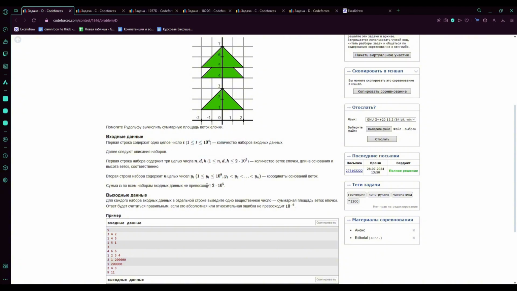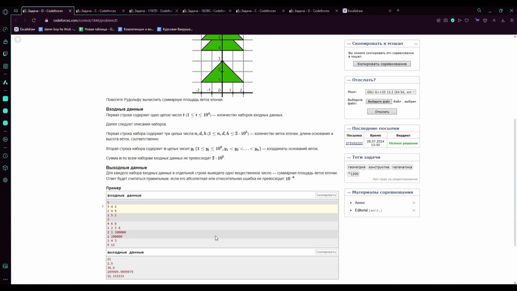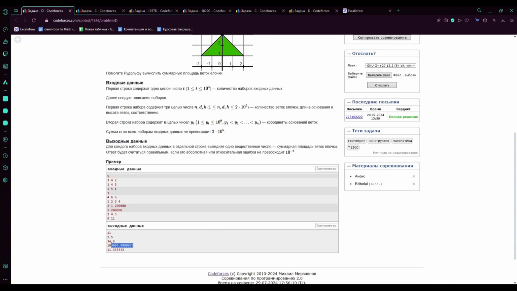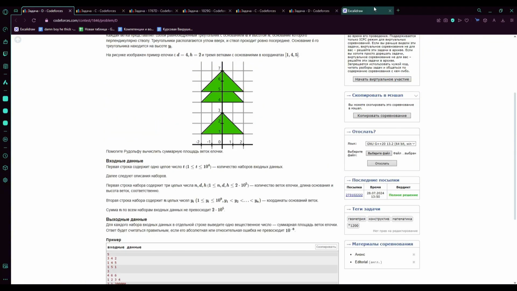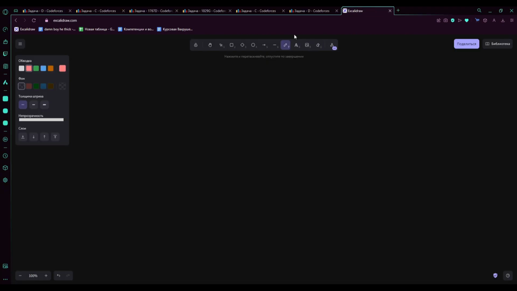As usual, the sum of n across all input data does not exceed 2 times 10 to the power of 5. Since our task is in floating point numbers, it's important that the absolute or relative error does not exceed 10 to the power of 6. One more time, the test cases aren't really that important to us, because we still have a limit of 2 times 10 to the power of 5 for n, d, where d is the base, and h is less than or equal to 2 times 10 to the power of 5.